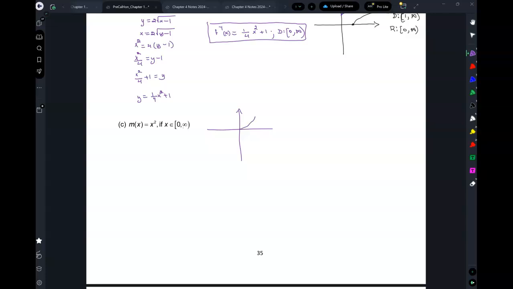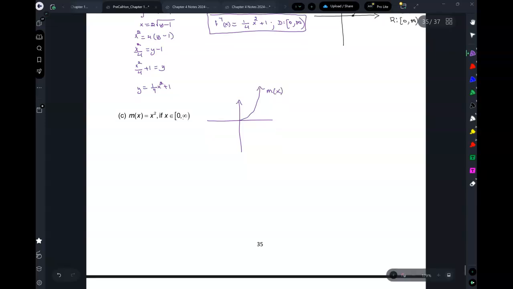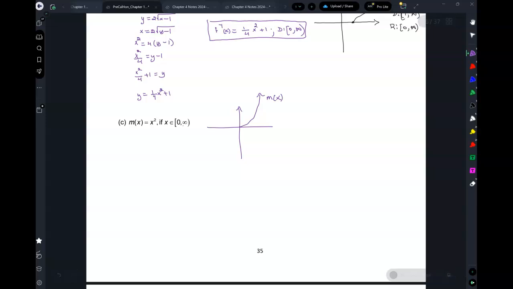Okay, so this is m of x only. It's a restricted domain. So now that passes the horizontal line test, so we are allowed to find the inverse of it. So y equals x squared, x equals y squared, take a square root.